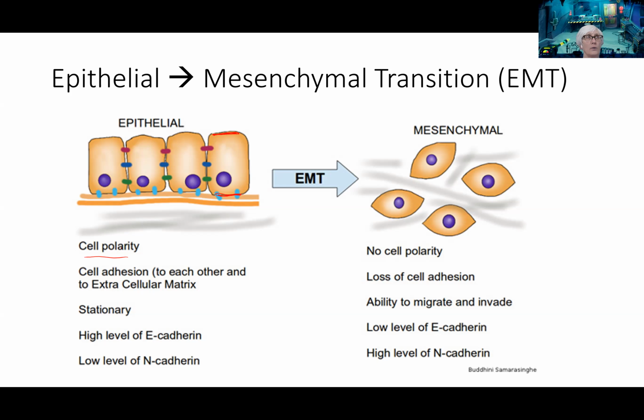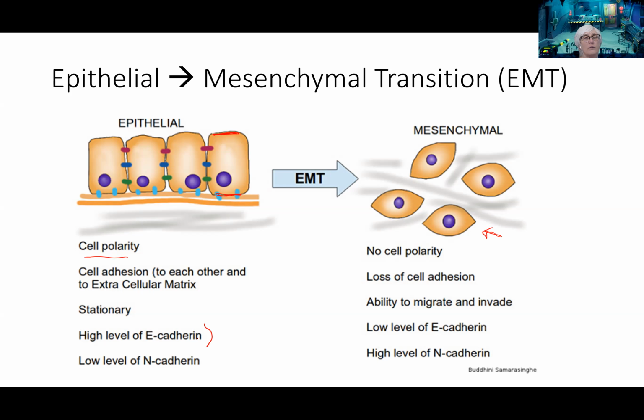When a cell undergoes EMT, there is no longer cell polarity. In other words, we can't tell on these cells where the apical surface might have been and where the basolateral surface might have been. So these cells are no longer identifiable as epithelial. In addition to the loss of that polarity, another requirement for epithelialness is the expression of a cell-to-cell junction protein called E-cadherin, or epithelial cadherin.